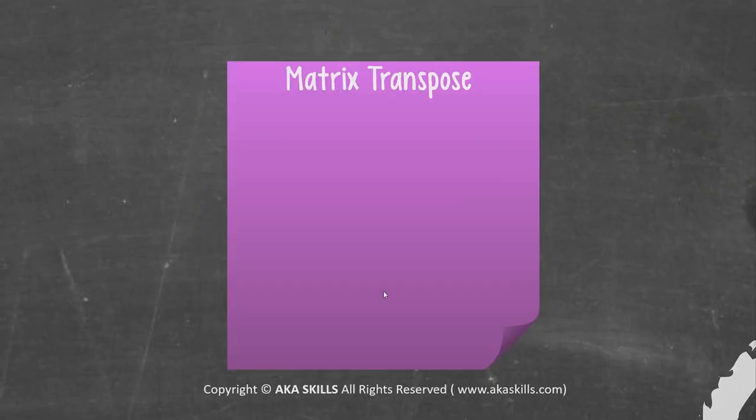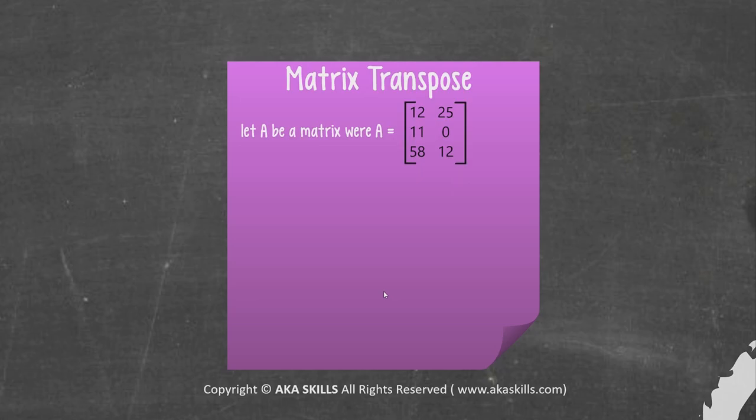Now, matrix transpose. Transpose is actually easier than inverse. Let A be a matrix where A equals this matrix. The transpose of A, or A to the power of T, that's the notation for a transpose. So how did I come up with this?